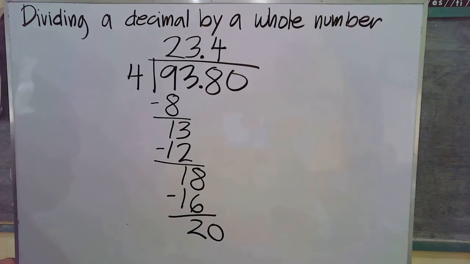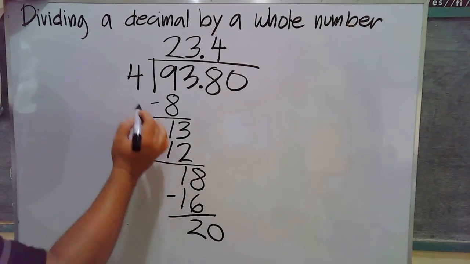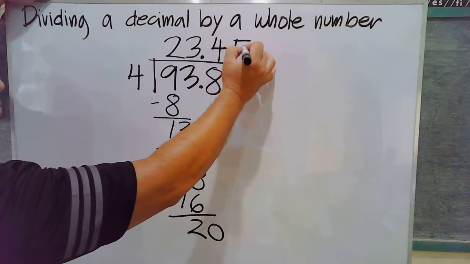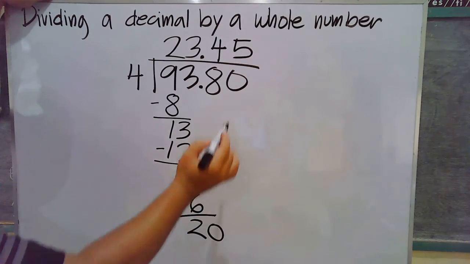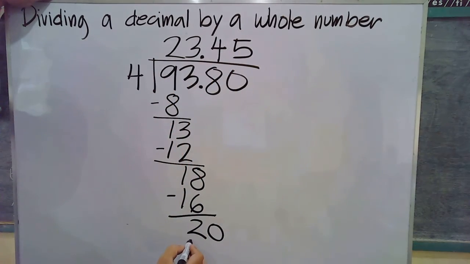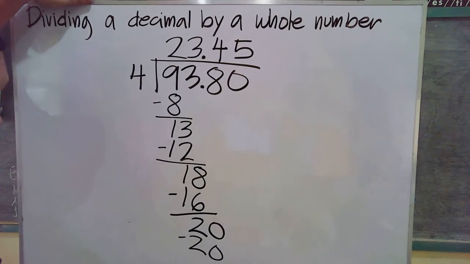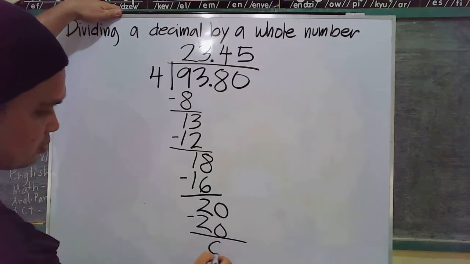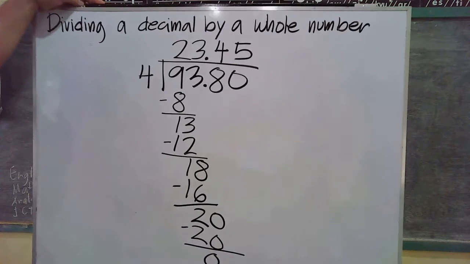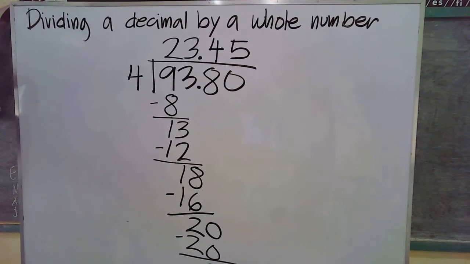So we have 20. Now 20 divided by 4 is 5. Next, 5 times 4 is 20. And 20 minus 20 is 0. Okay, so for our final answer, that would be 23.45.